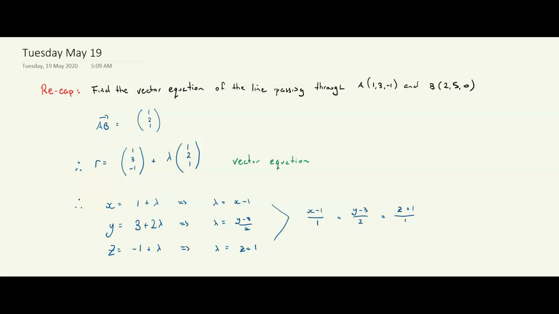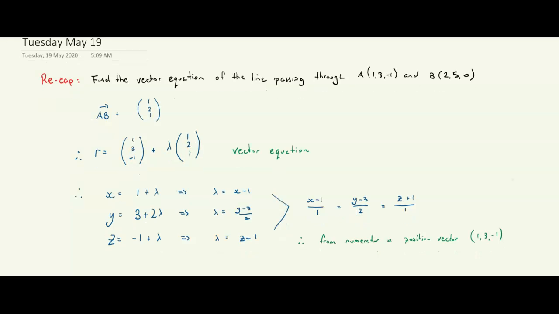So we can pick off our position vector, a position vector, which is 1, 3, negative 1, or a point that's on the line.